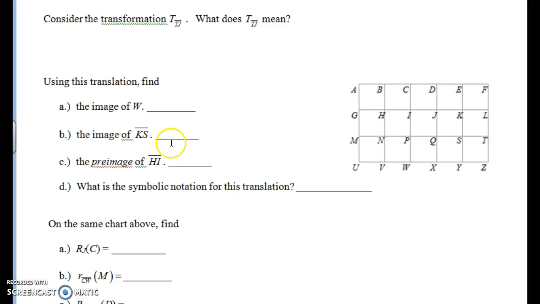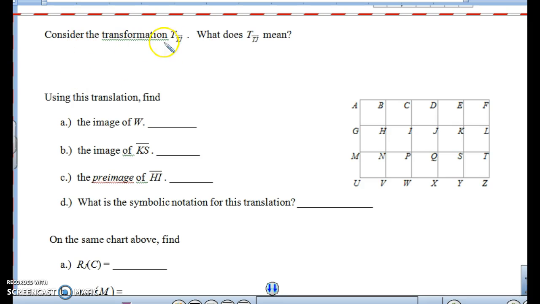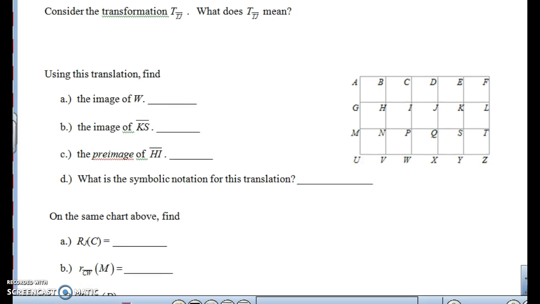Let's look at one with vector notation. Consider the transformation T of TJ vector. What does TJ vector mean?